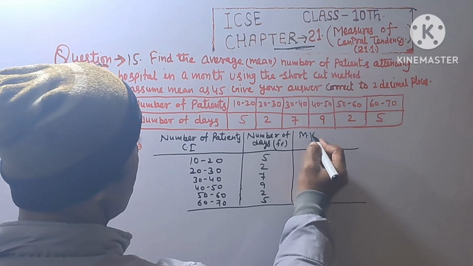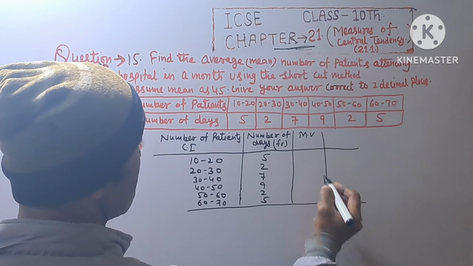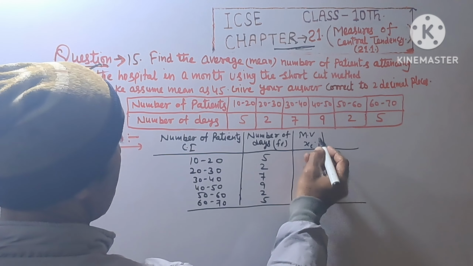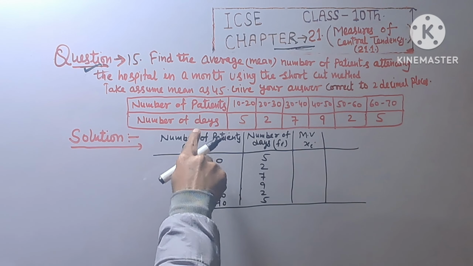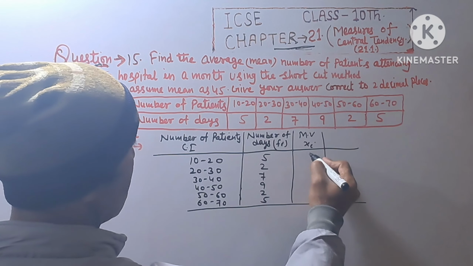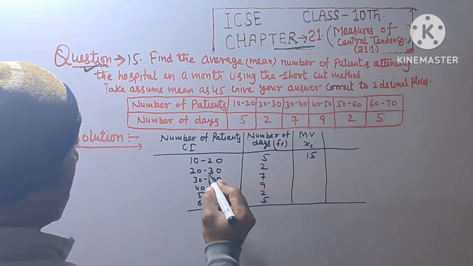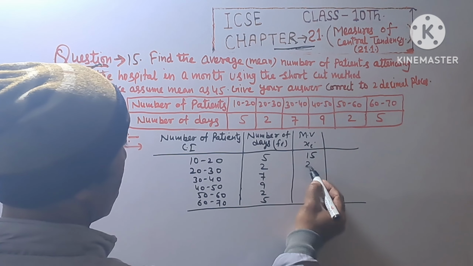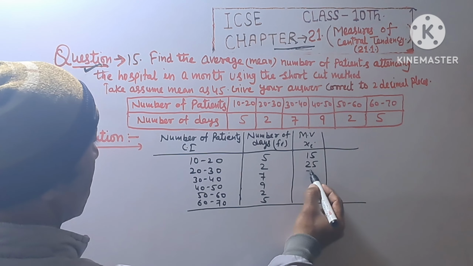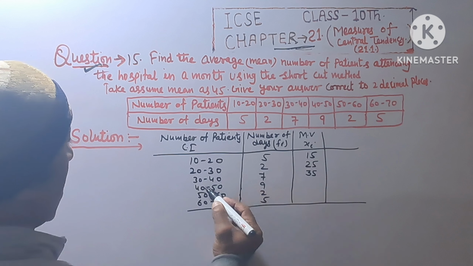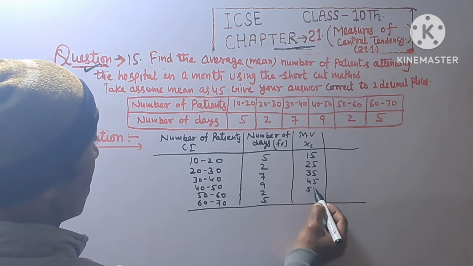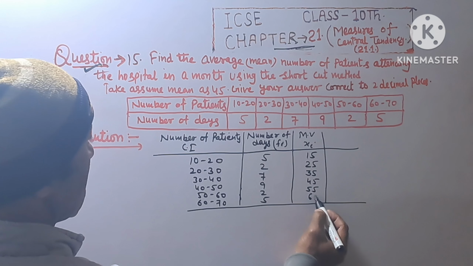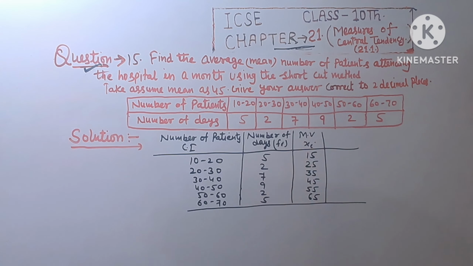Mid value, that is xi. 10 plus 20 is 30, divided by 2, that is equal to 15, and then 25, 35, 45, 55, and 65.